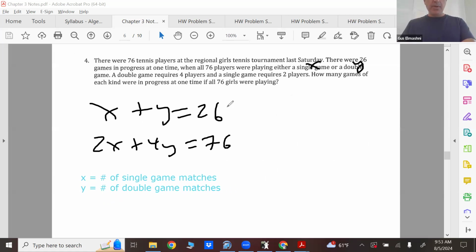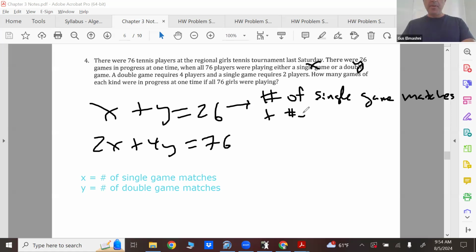And then this equation right here, number of single game matches, you don't have to write this down, plus the number of double game matches equals the total number of games.